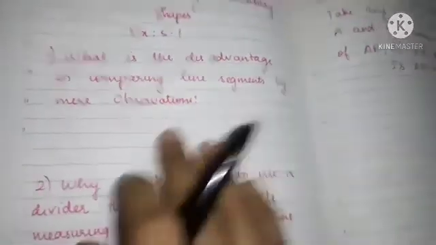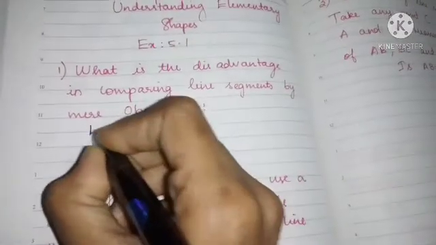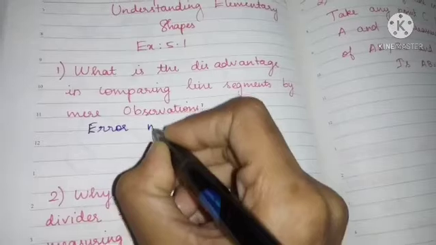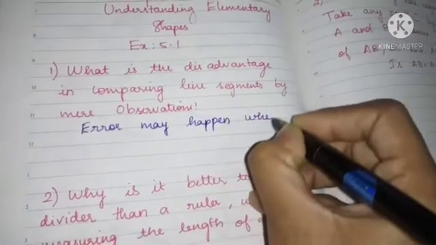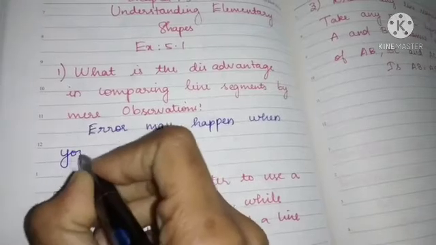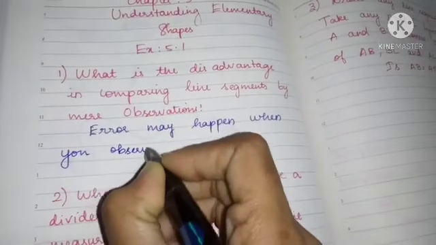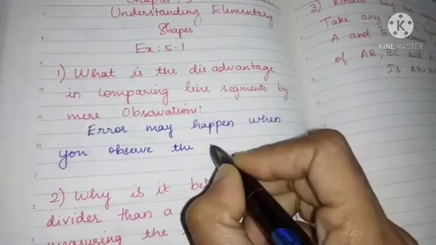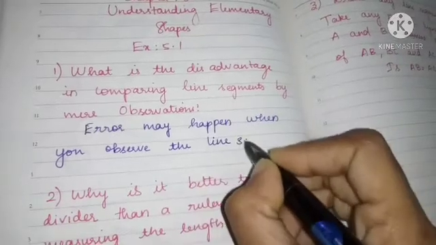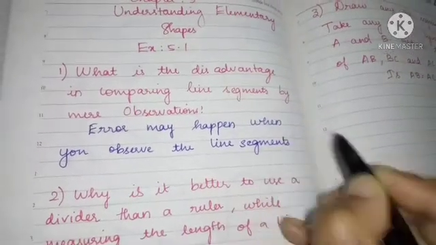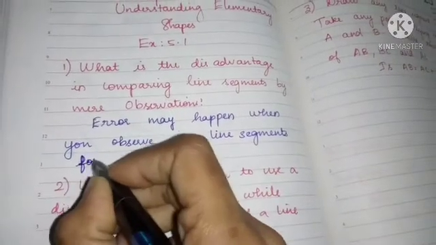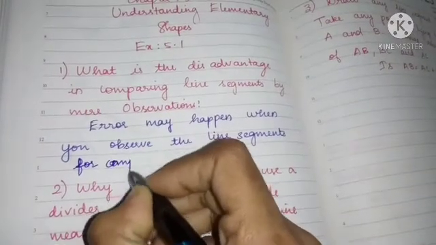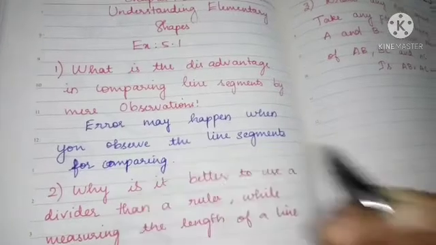What is the disadvantage in comparing line segments by mere observation?